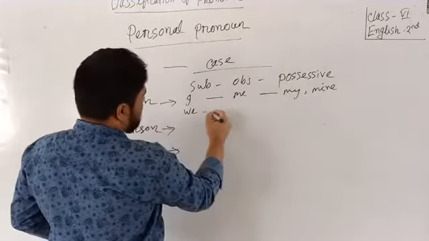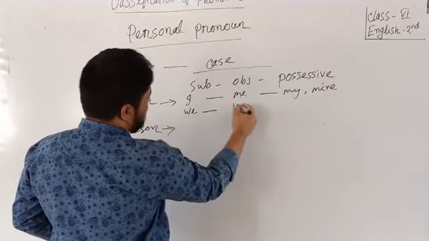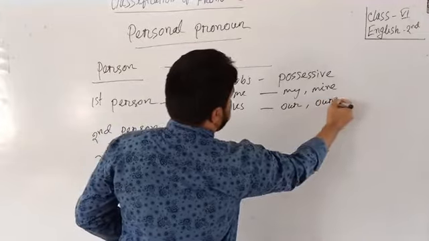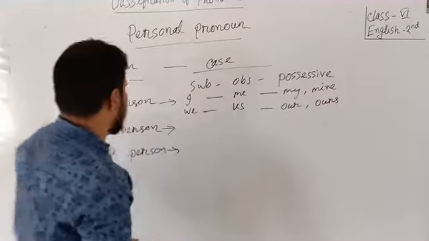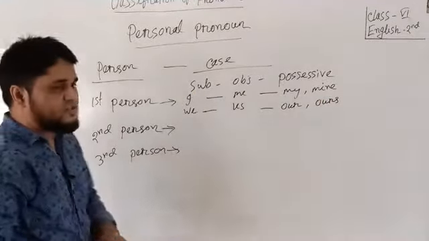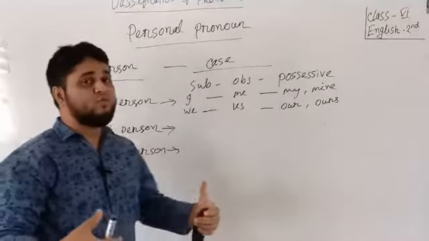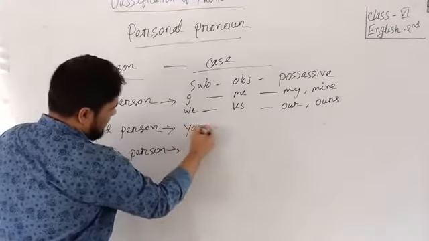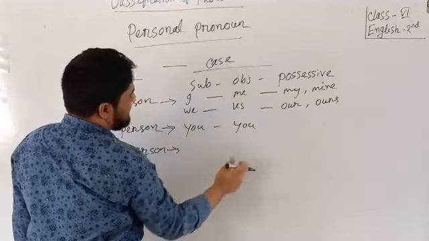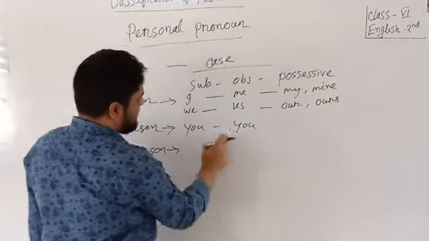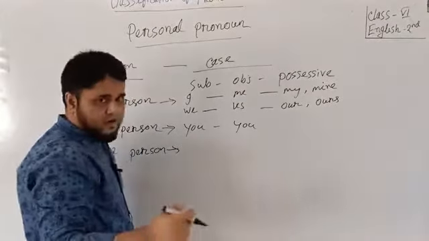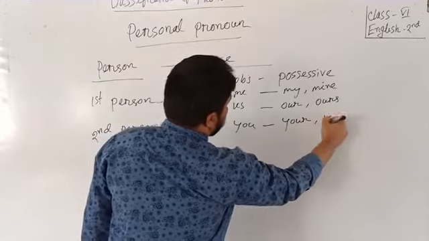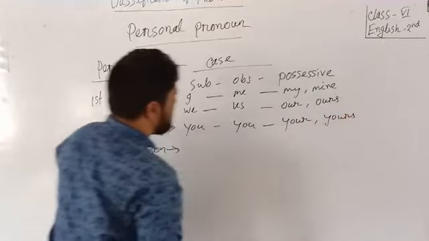And again, we is a subject, us, our, ours, adjective, possessive. Okay, now what is second person? Second person is so easy. Second person is actually you, and the object is also you. Those 2 forms are very much similar. And your is possessive, and yours may be adjective, possessive.